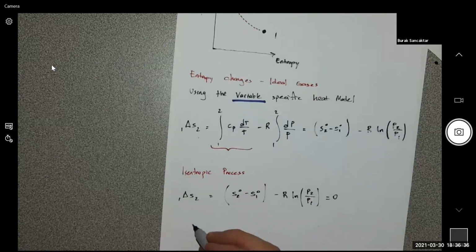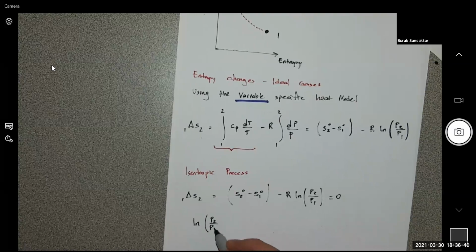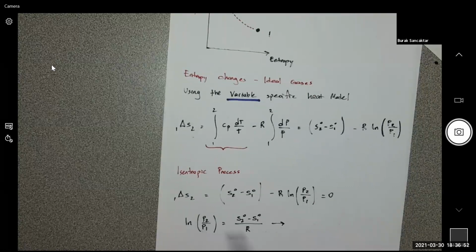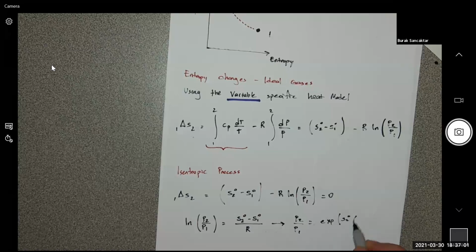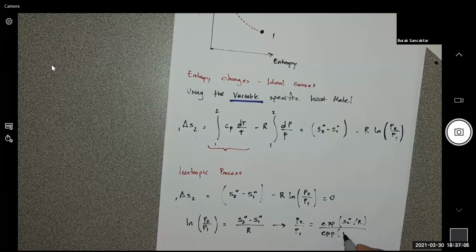So natural log of P2 over P1 equals S2 0 minus S1 0 over R. P2 over P1 will be equal to exponential of S2 0 over R over exponential of S1 0 over R.